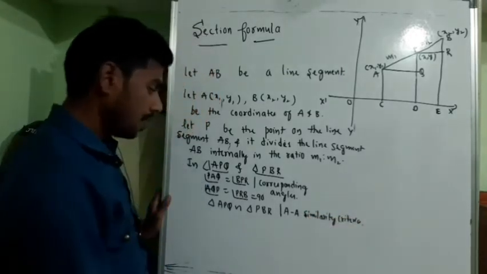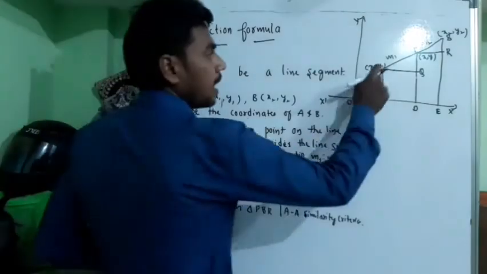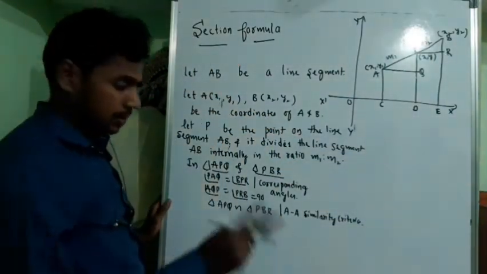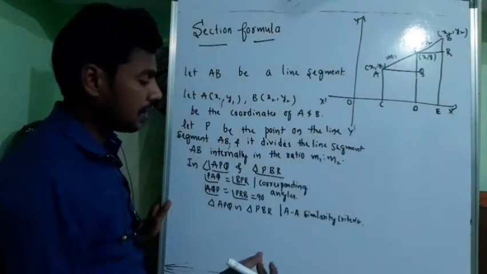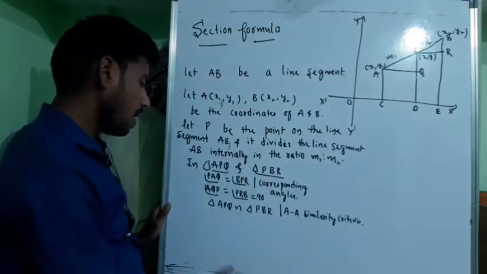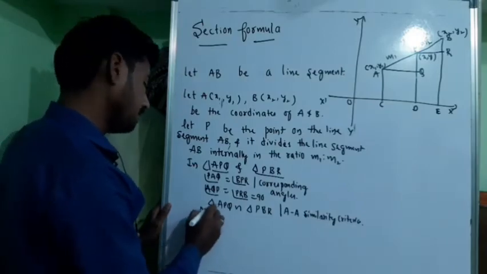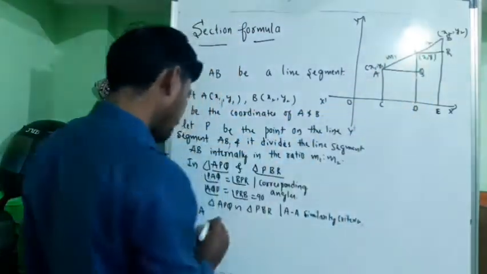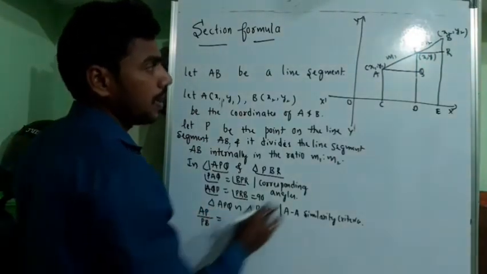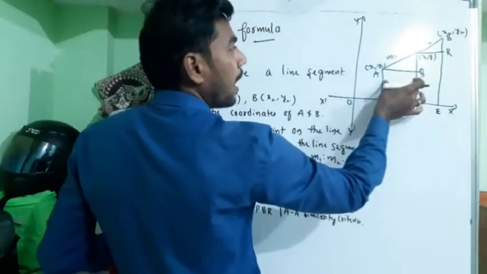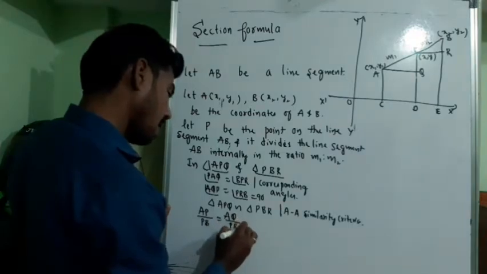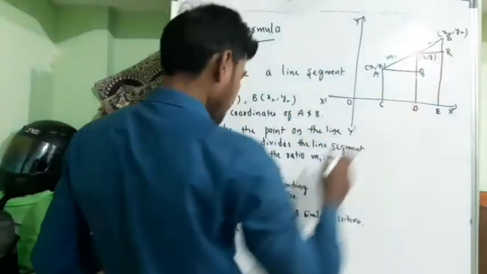Next, since triangle APQ and triangle PBR are similar, the corresponding sides will be proportional. So we can write AP by PB is equal to AQ by PR, which is equal to PQ by BR.